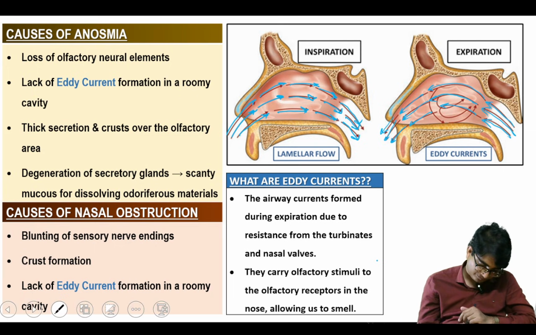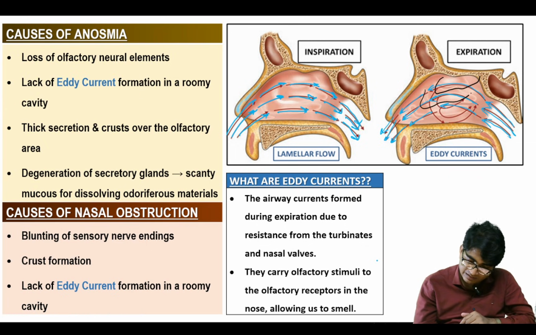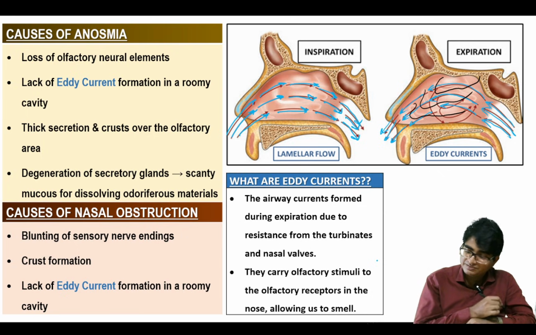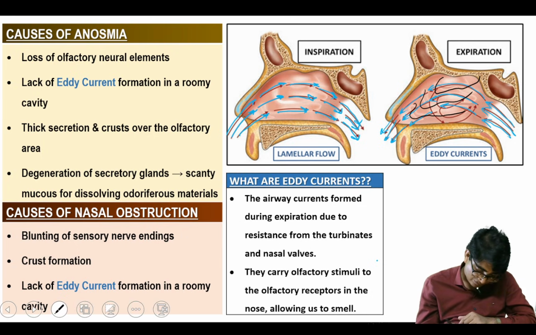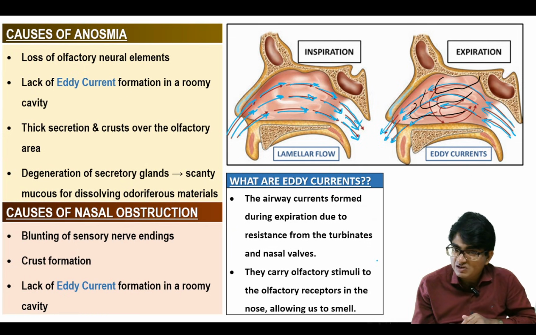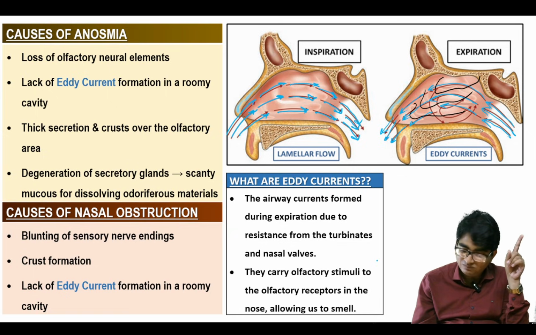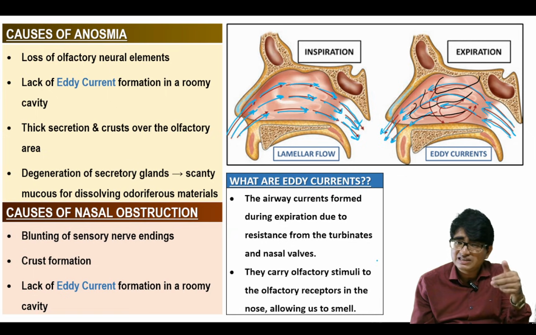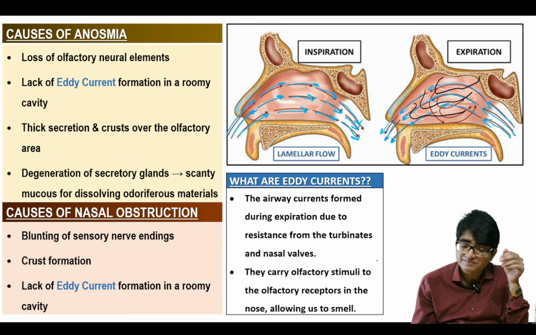But now there are these turbinates as well as nasal valves. What are they doing? These air currents, while moving from inside to outside, are getting resistance from these turbinates as well as from the nasal valves.